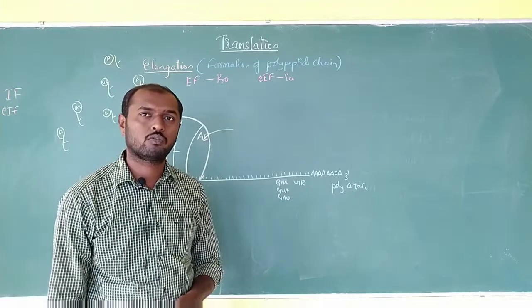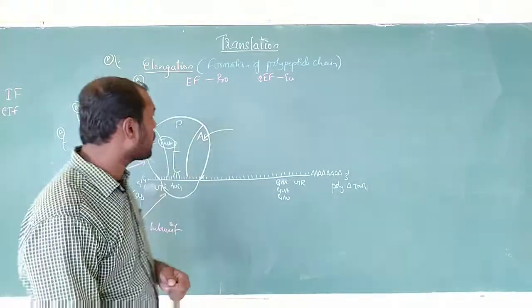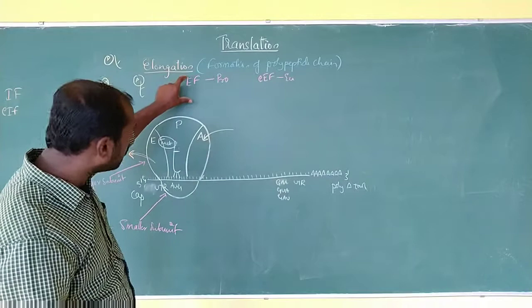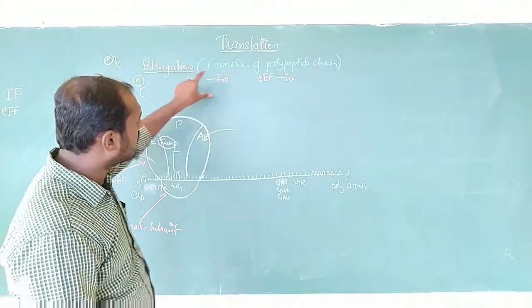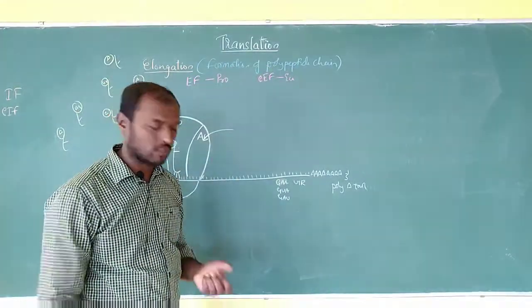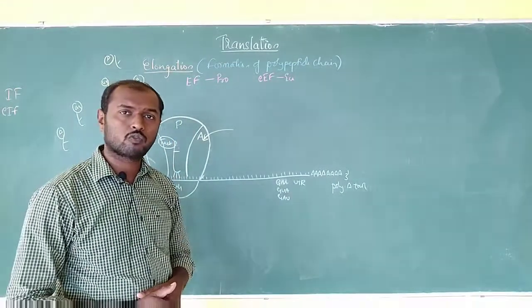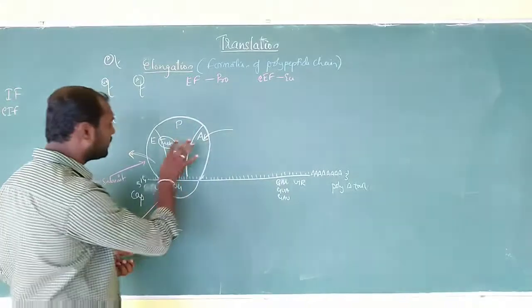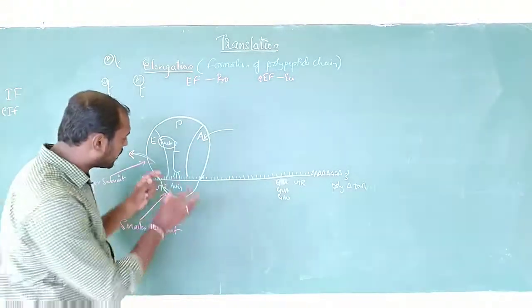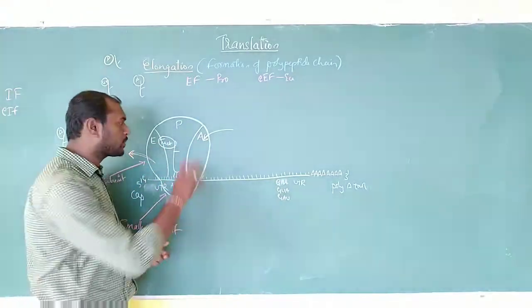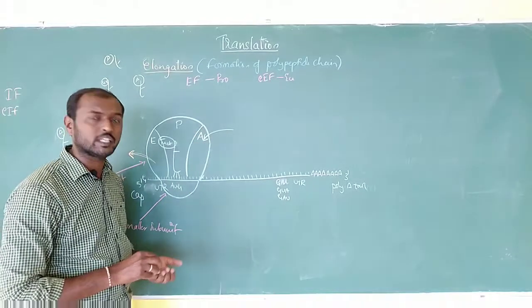So we have prokaryotic elongation factors as well as eukaryotic elongation factors, which help in the identification of the specific site, especially the A site, for the tRNA.